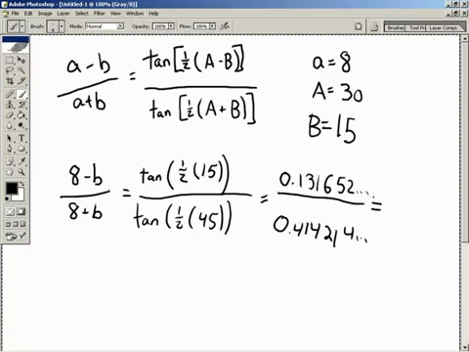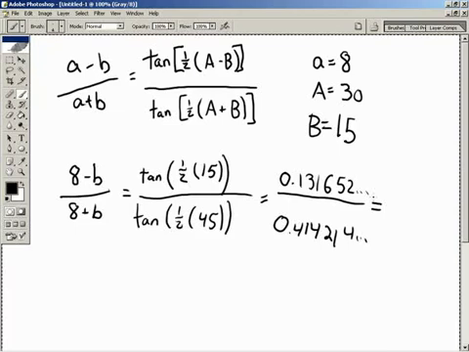Now, 0.4 is slightly less than 0.5, which means we're expecting the numerator to just more than double, right? Because if you divide by 0.5, you're multiplying by 2. If you divide by something smaller than 0.5, you're multiplying by more than 2. Okay. So what we're going to say is tan of 22.5 divided by tan of 7.5? Does that sound about right? Yep. Equals... Oh, no, my bad. I reversed them.